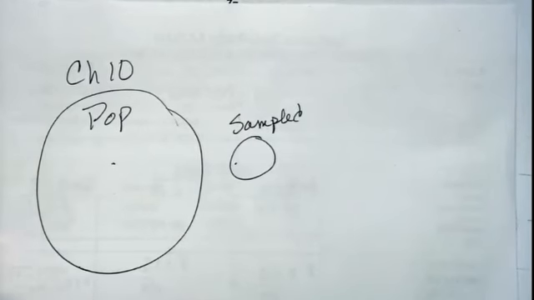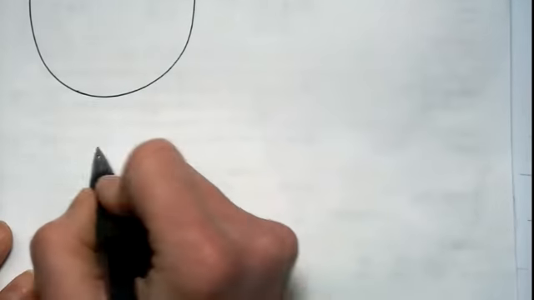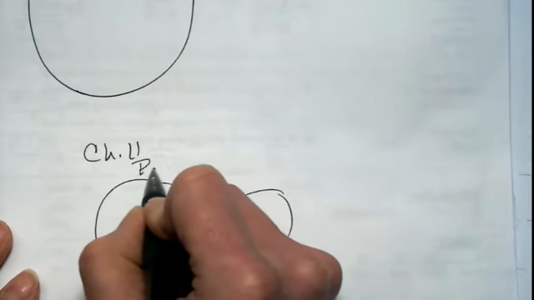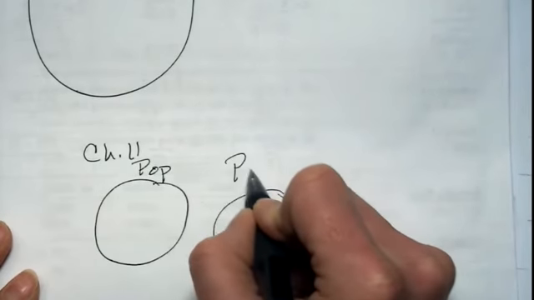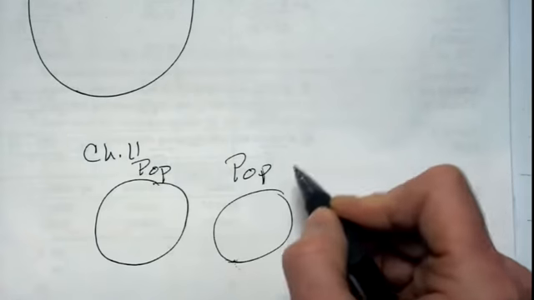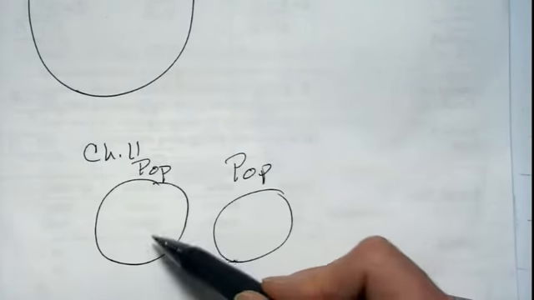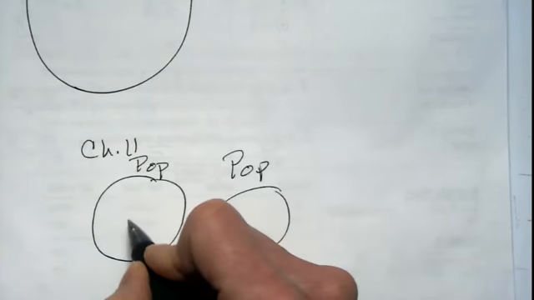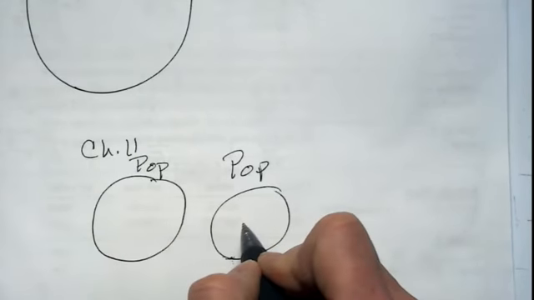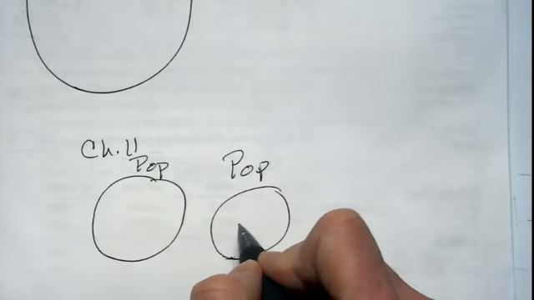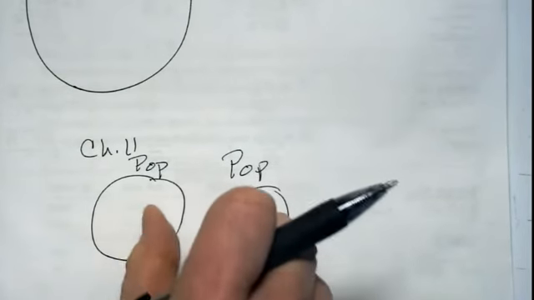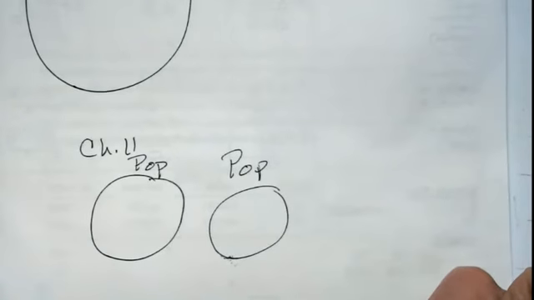Okay? In chapter 11, we're comparing two populations or two samples. For example, men versus women. Maybe my 10 o'clock class GPA versus my 11 o'clock class GPA. I'm testing two populations to see if they're equal.